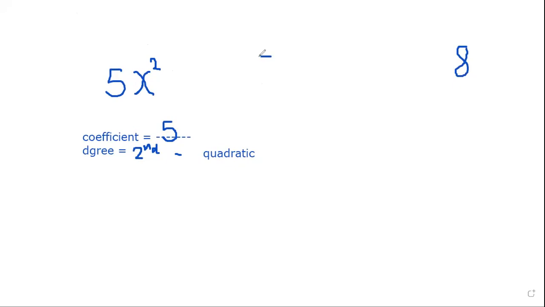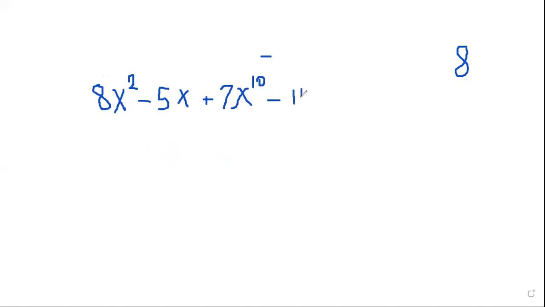Let me give you another question. If I write 8x to the power of 2 minus 5x plus 7x to the power of 10 minus 11.